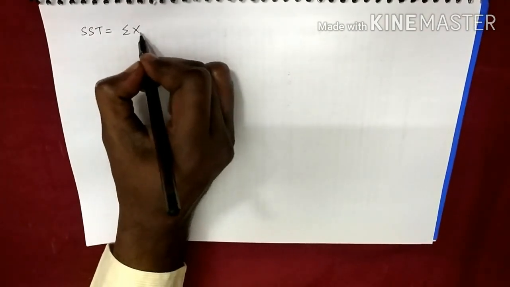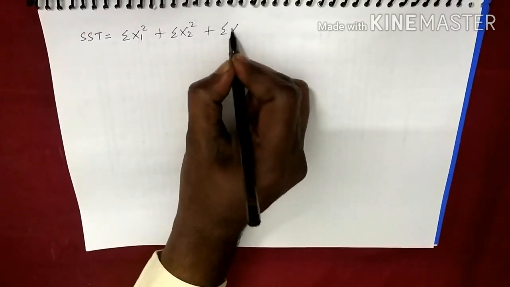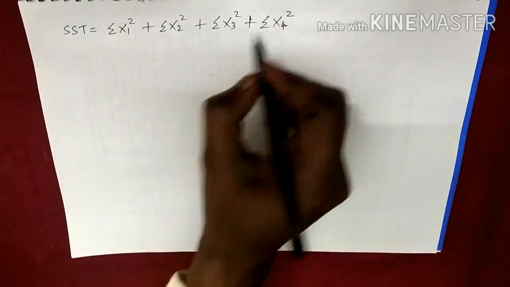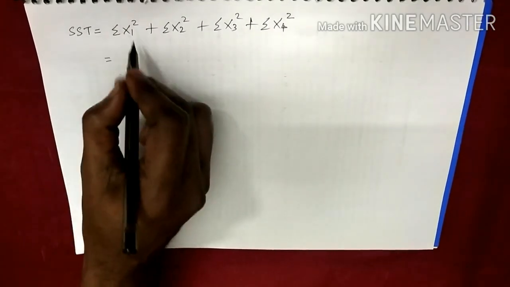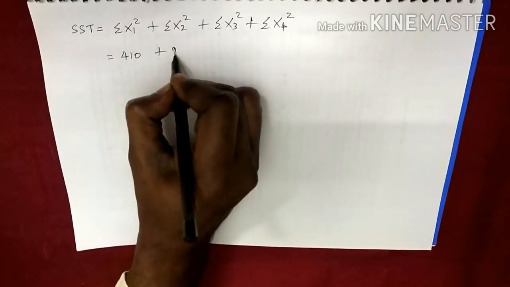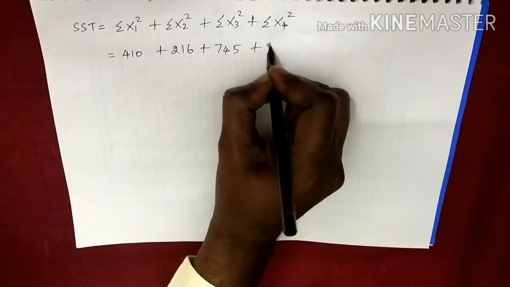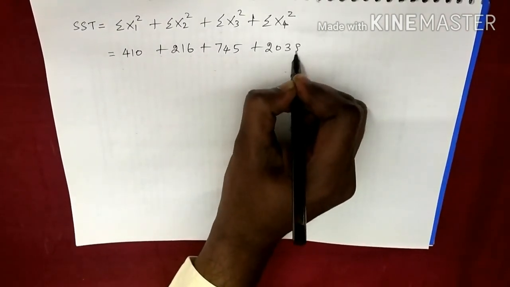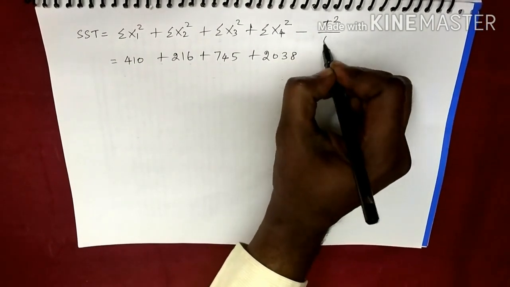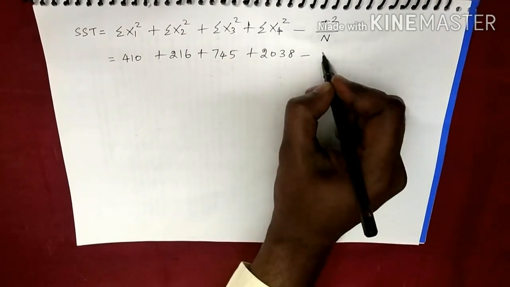After finding correction factor, we have to find out SST, total sum of squares. The formula is summation x1 square plus summation x2 square plus summation x3 square and summation of x4 square. Now we have to take the summation of squared values. That is 410 plus 216 plus 745 plus 2038 minus correction factor.